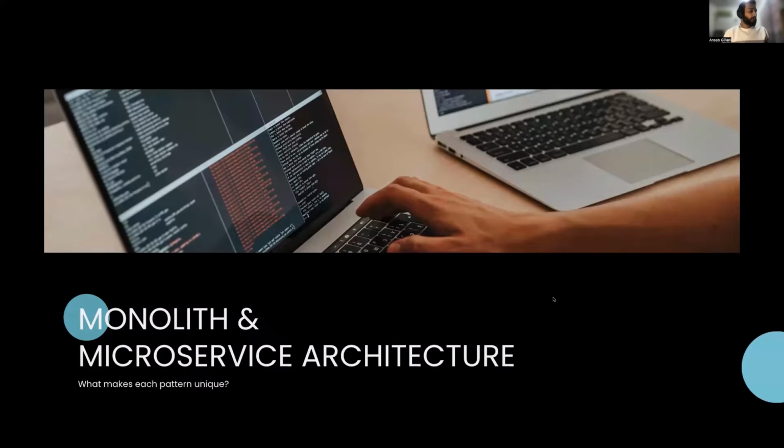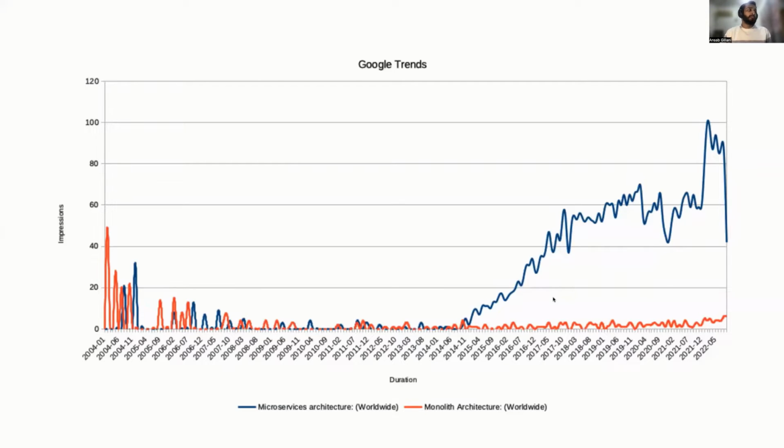Okay, starting from monolith and microservices architecture, we are going to discuss what and how each pattern is unique and what exactly the pattern is. Before we go into each definition, I'm going to direct your attention towards this Google trend, which is primarily a difference in how microservices have been in talk for the last decade or so.